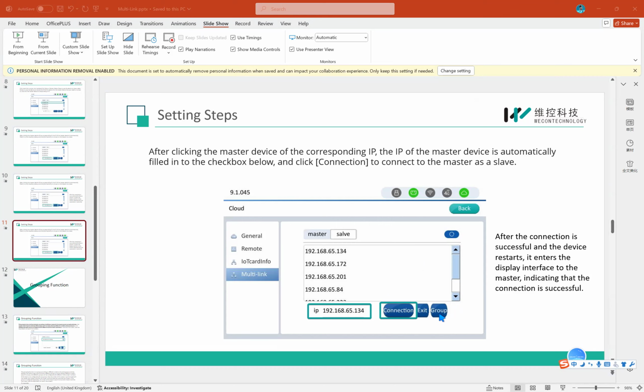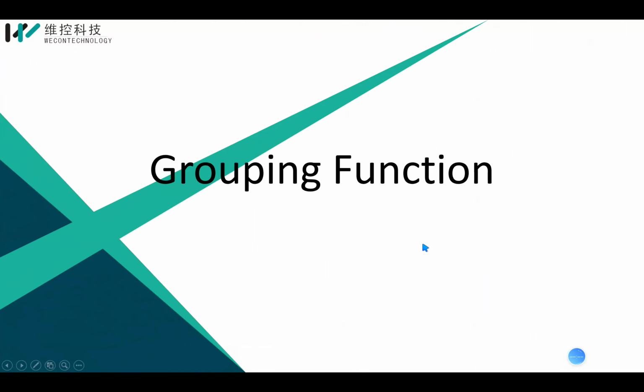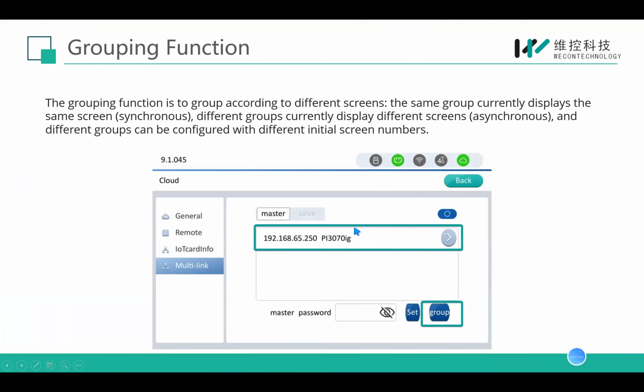And sometimes we don't want all the slave HMIs to display totally the same screen as the master HMI. So we can use the group function. Let's move on to the grouping function. The same group will display the same screen, and different groups will display different screens.